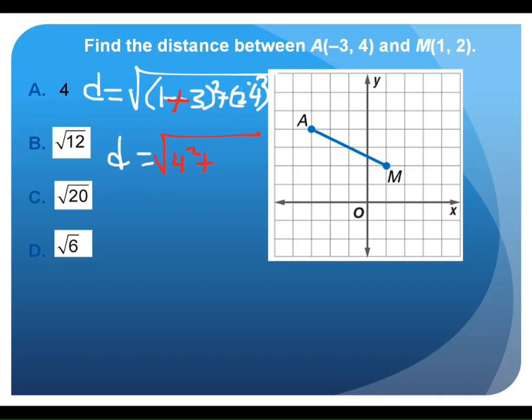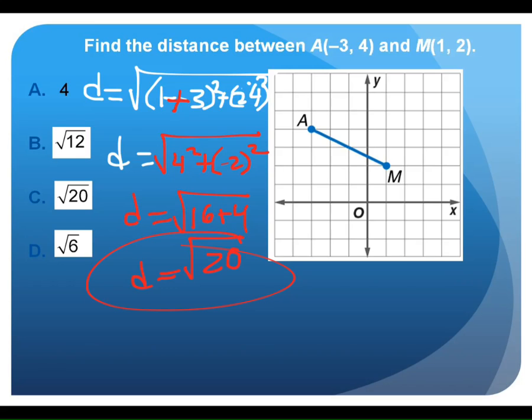So that's going to look like this. Well, that's 16 plus 4, which is 20. For those of you that remember how to simplify square roots, to pull out a perfect square, you don't have to do that right now. You can just leave it as the square root of 20 instead of making it 2 square root of 5. Just leaving it as a square root is fine for me.